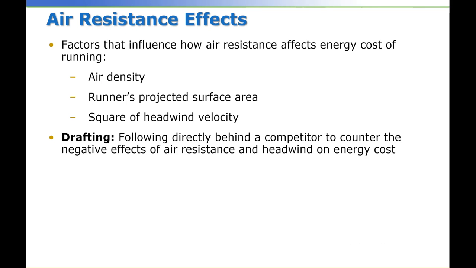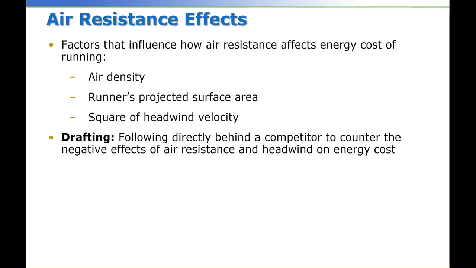Air resistance: factors that influence how air resistance affects energy costs in running are air density, the runner's projected surface area, and the square of headwind velocity. And drafting, which is falling behind someone else who's running, or even bicycling, is another way to counter the negative effects of air resistance and headwind on energy costs.